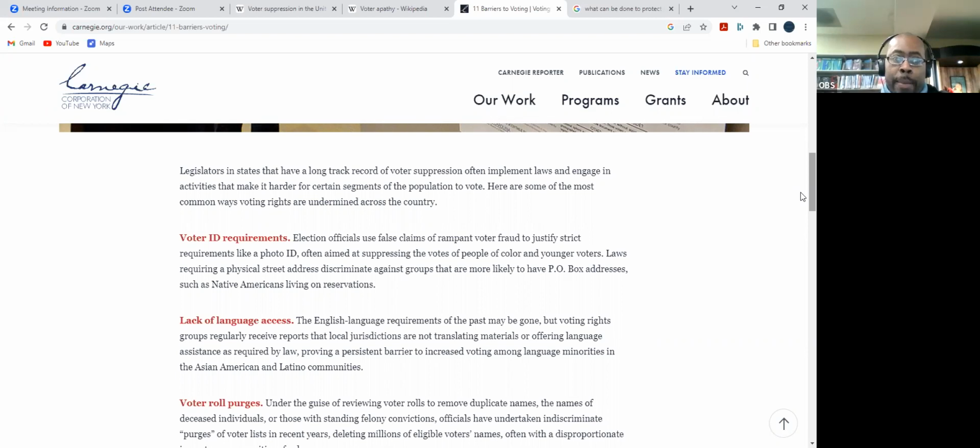But as I stated before, a lot of indigenous people do not have a physical address per se, and a lot of our homeless population does not have a physical address as well. So as long as they meet the age requirements and have not committed a crime of moral turpitude, then these individuals also have the right to vote. But this is one of the barriers that keep these certain groups from exercising their right to vote.